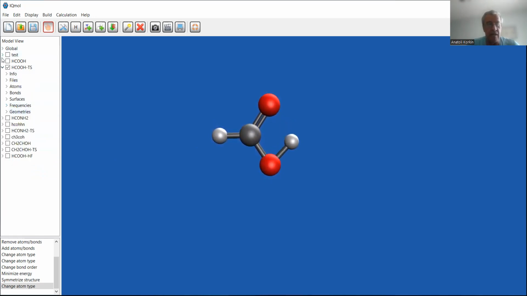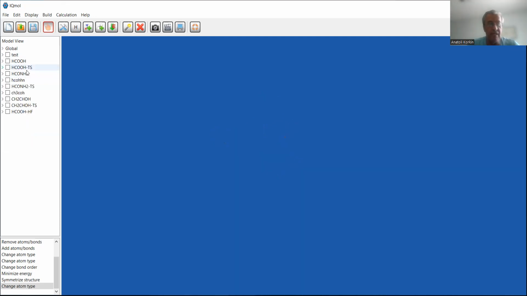Okay. All right. So what I did then, okay, good enough. So I repeated the same calculations. Now let me show you again. What I did next, in order to find the transition state for the transformation from formamide to formamidic acid, was replace this oxygen by an NH group, and then start the transition state calculation again.